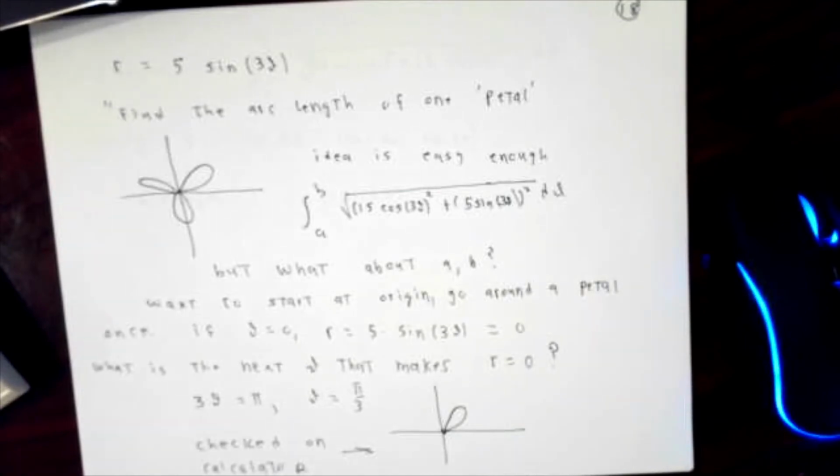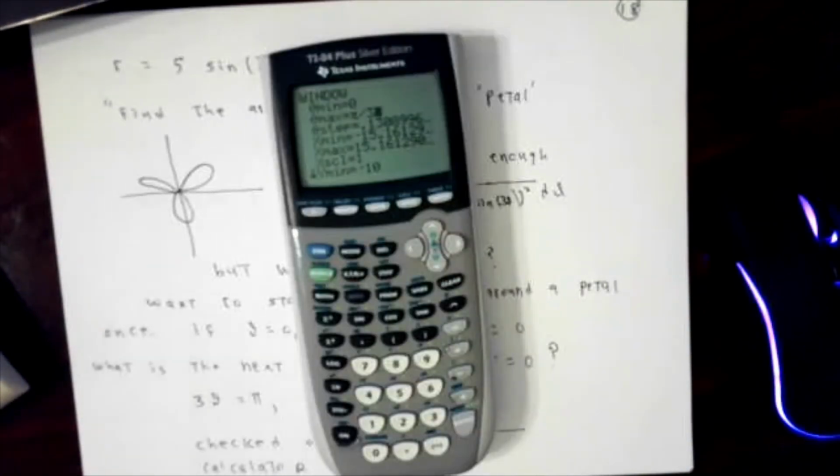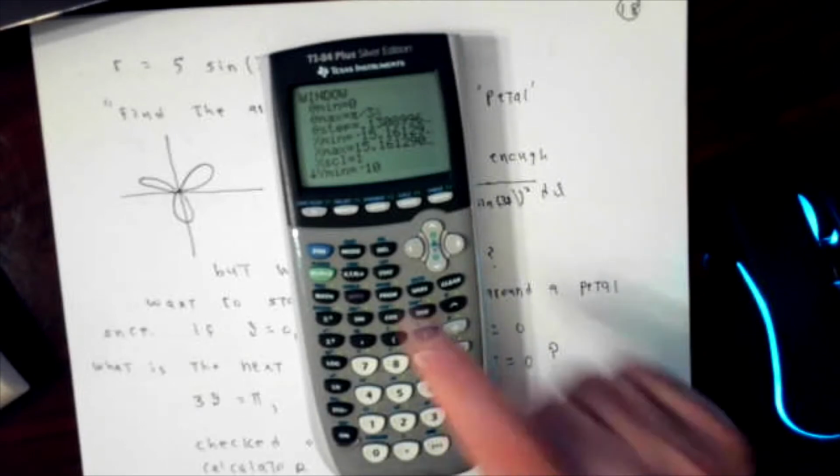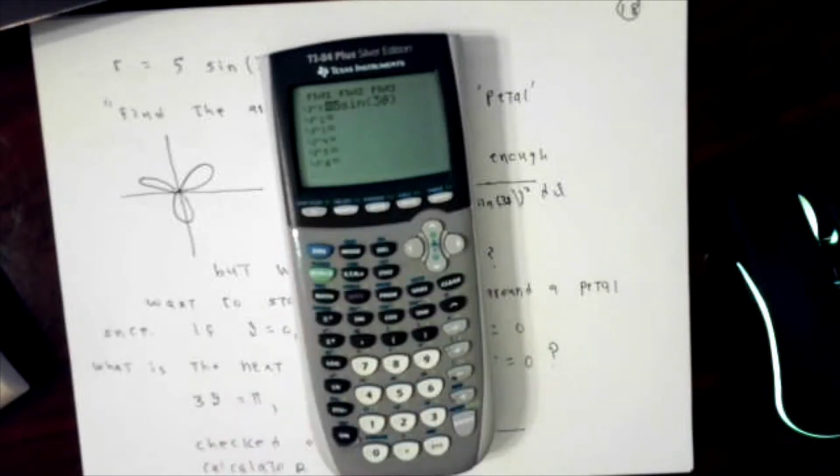If I graph this on my calculator, I'll need to adjust the t range. I'm optimistic that this is going to take me around one loop of this graph, and I always have to do a sanity check to make sure I got my limits right. So I'm going to go from 0 to pi over 3. The graph is r equals 5 sine of 3 theta.